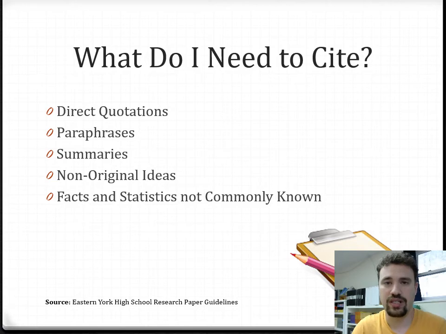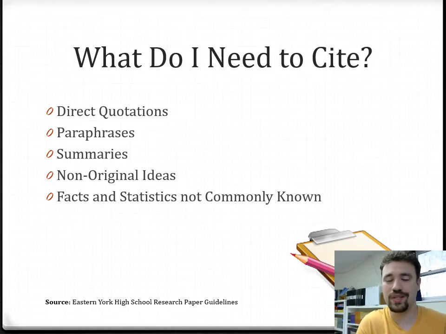Direct quotations, paraphrases, and summaries. Just to be clear, even if it's not the author's original words, but you got it from a source and you reworded it into your own words, it should still be cited. Not only quotations have to be cited, and that's where a lot of people get hung up.